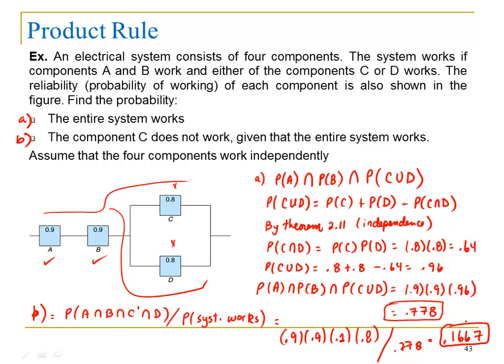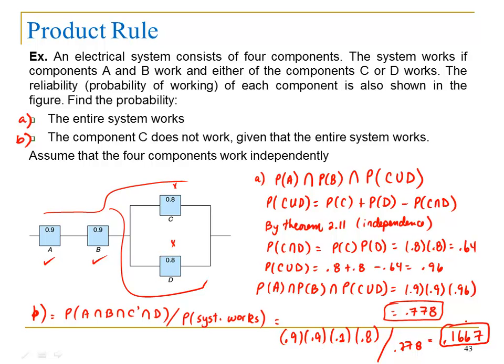Yes. I'm sorry, wouldn't we use something different than 0.778, because that's the probability of A, B, C, and D working, but for part B, it's given that C does not work. That's a really good question. And the thing is, when we're solving this problem, we are using historical data.